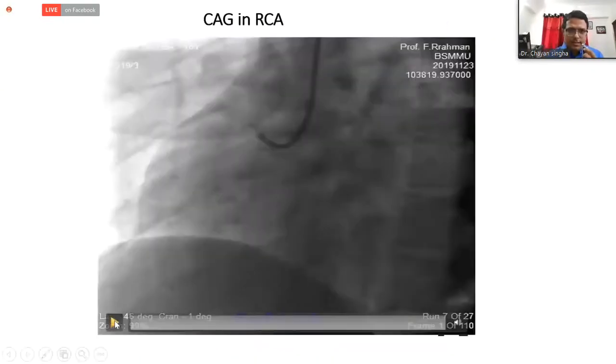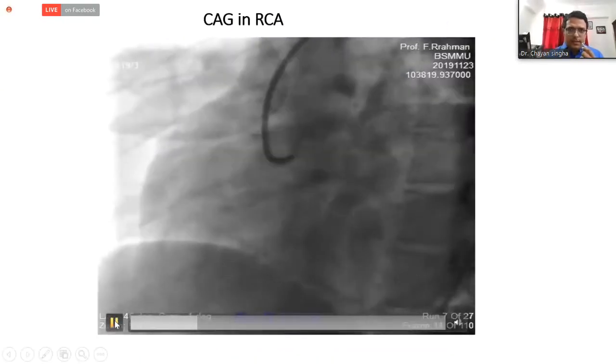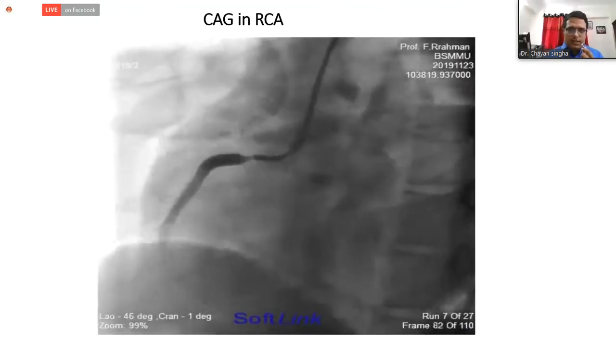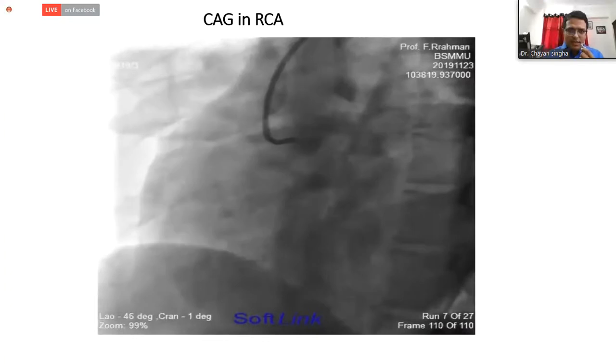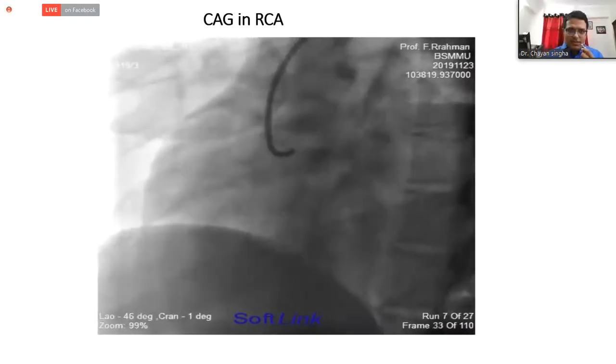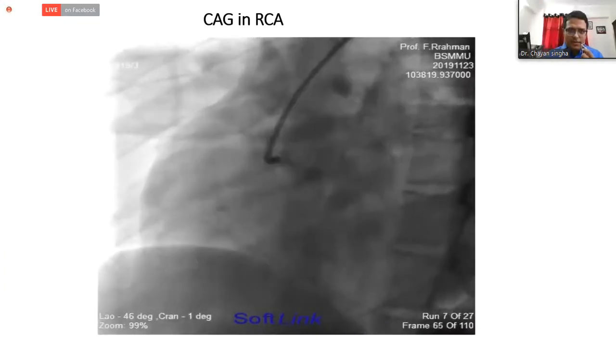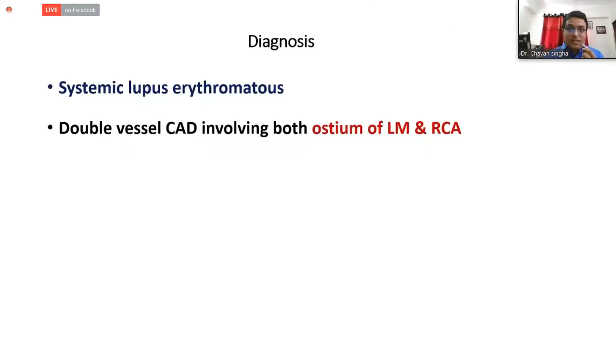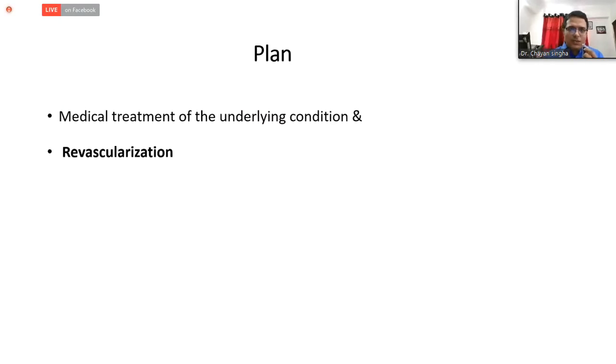In the right system, we also found a critical ostial stenosis in the right coronary artery, further confirmed by giving GTN. So our diagnosis was systemic lupus erythematosus with double vessel coronary artery disease involving both ostia of the left main and right coronary artery. Our plan was to treat the medical condition and revascularization.